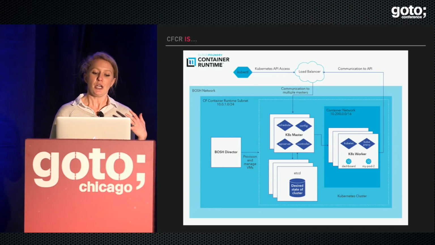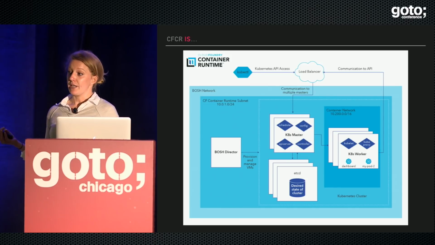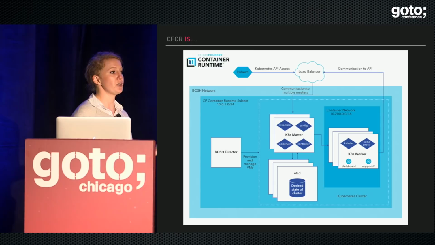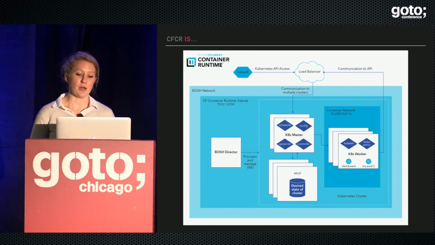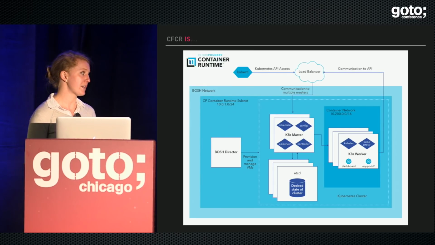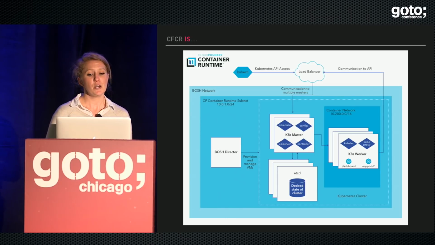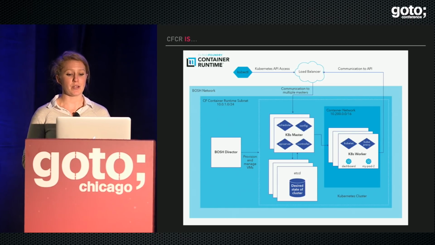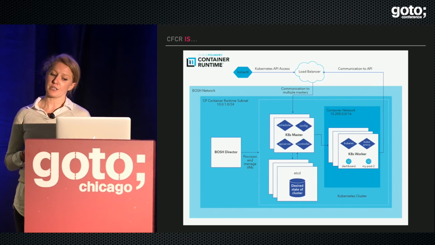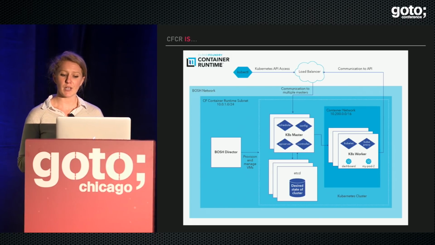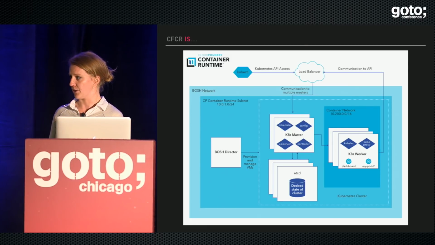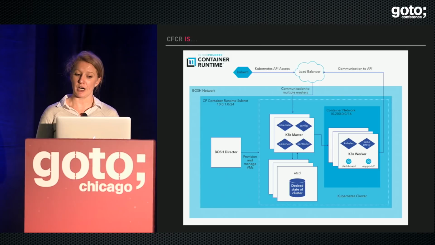So BOSH will provision you a Kubernetes cluster. And then from there, it's the same interaction that you've come to know with Kubernetes. You can access it via the CLI kubectl, which will go through an IaaS-specific load balancer, communicate with your API server, and again, everything is pretty much standard Kubernetes from here.